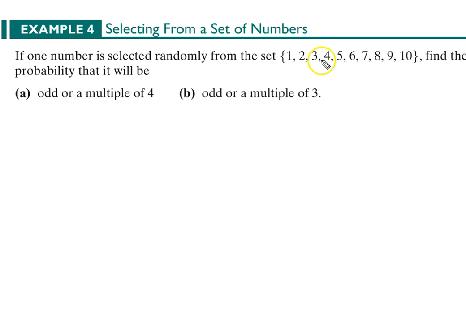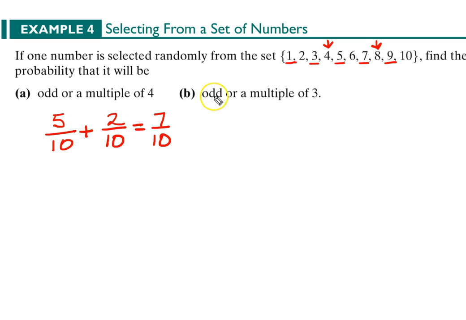Well, odd would be 1, 3, 5, 7, 9, and that would be 5 out of 10. And how about multiples of 4? That would be the 4 and the 8. So there would be 2 of those. So our results, we're just adding them because these are mutually exclusive events, would be 7 out of 10.